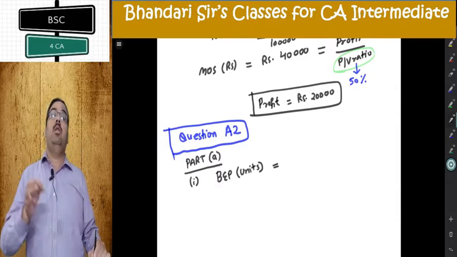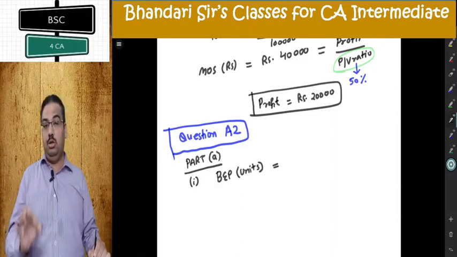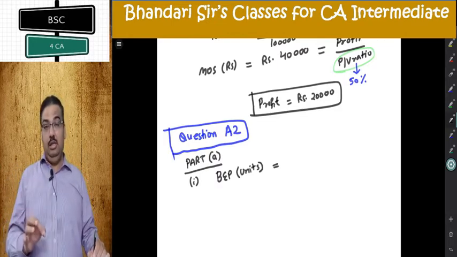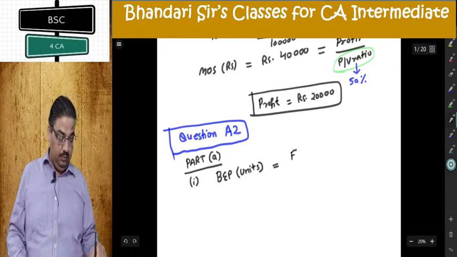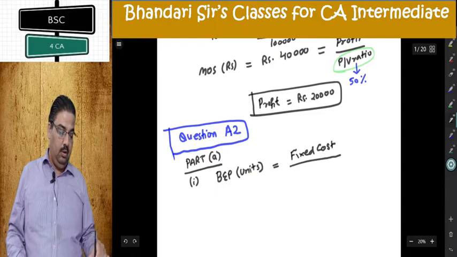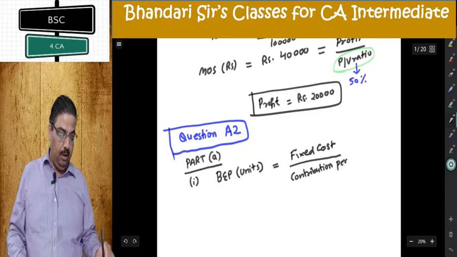You must remember all the formulas. You'll be easily able to do the questions if you can recall the formulas. Break-even point in units is fixed cost divided by contribution per unit.